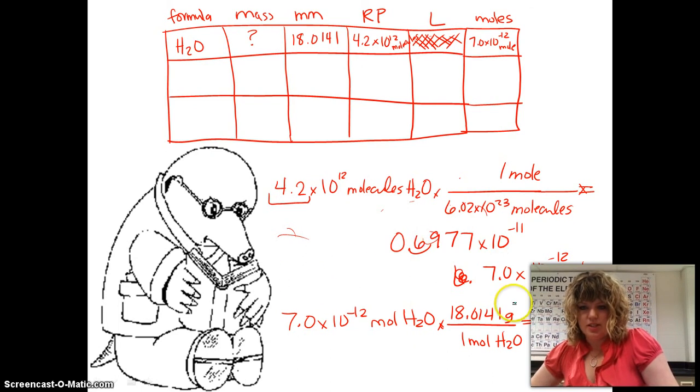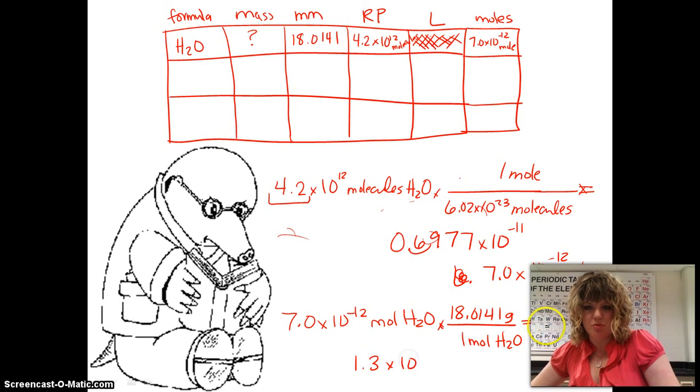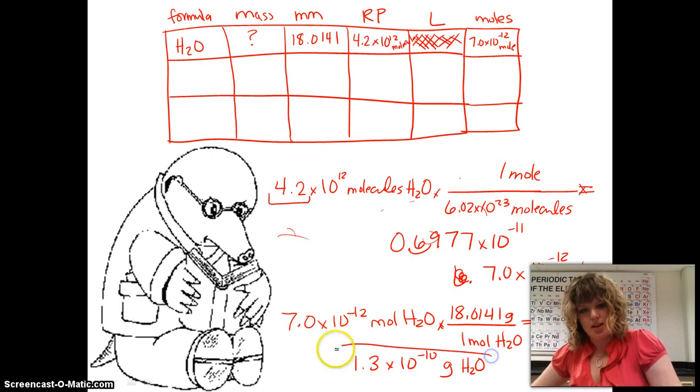So we get 126.0987, and that would be to the 10 to the negative 12th still. So we'd move this over 2 times, 1, 2, so it'd be 1.3 times 10. We moved over 2 times, made it smaller, make this bigger by 2, so that would be to the negative 10th grams of water. Okay, and you don't really have to box it in, you just move it up here. So it won't have a question mark obviously right there. You would write 1.3 times 10 to the negative 10th.